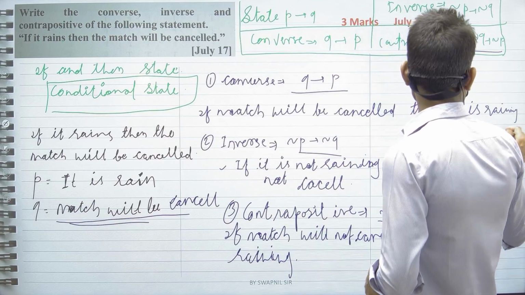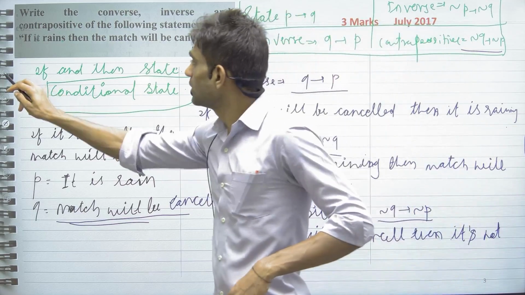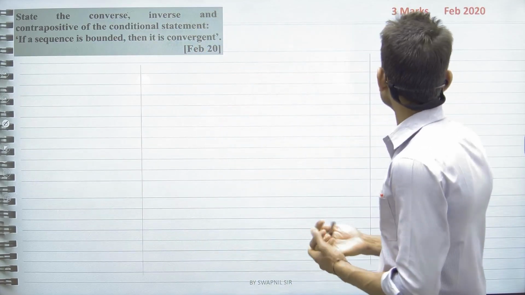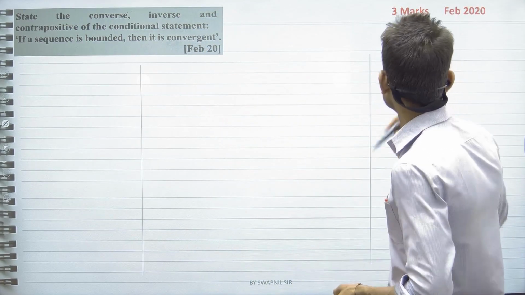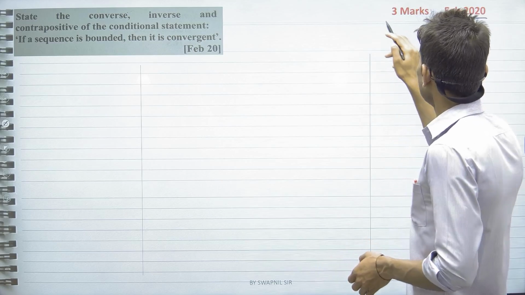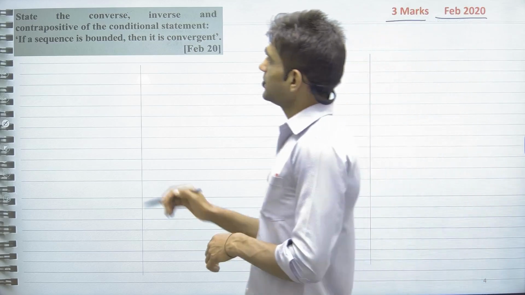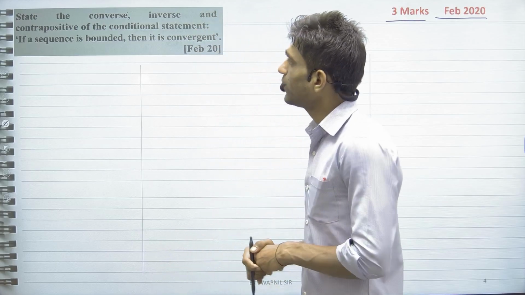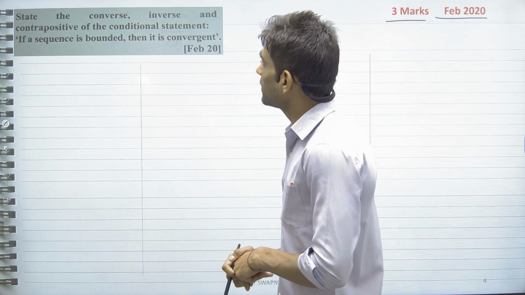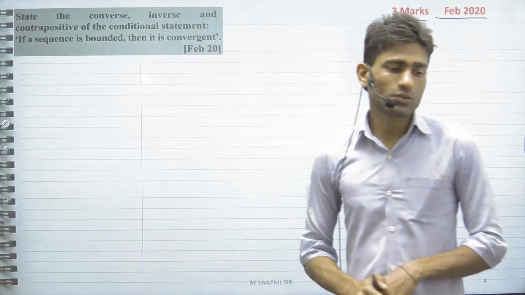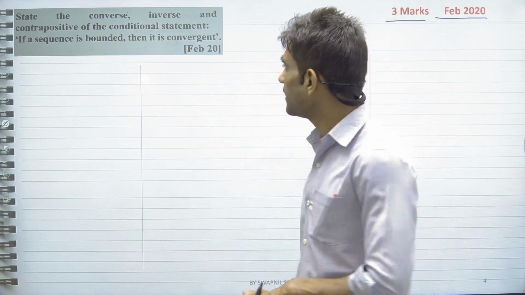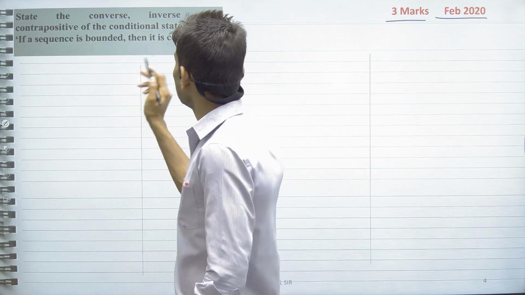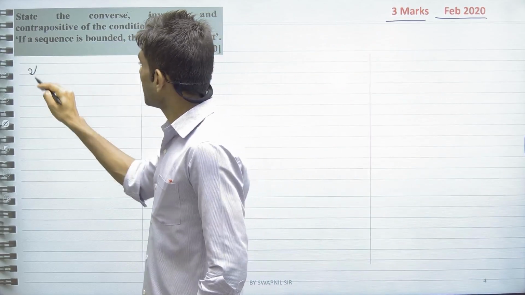Okay, let's move to the next question, which is from the February 2020 board exam, for 3 marks. The question says: state whether the statement is a converse, inverse, or contrapositive of the following conditional statement. The given conditional statement is: if a sequence is bounded, then it is convergent.